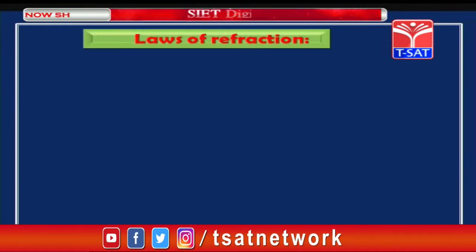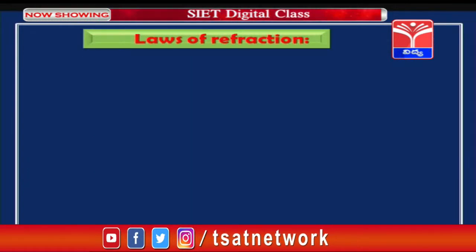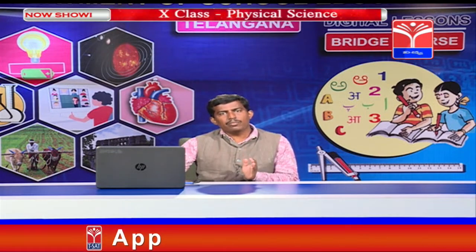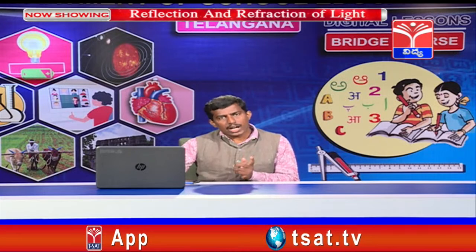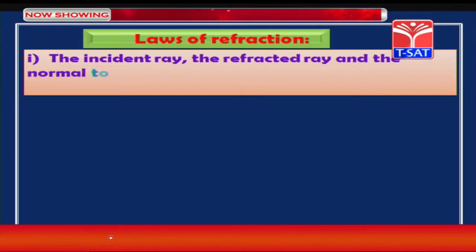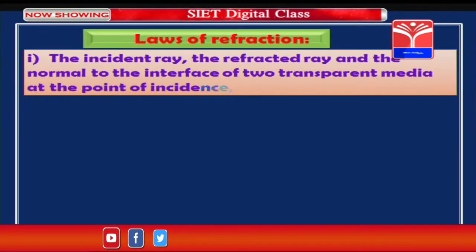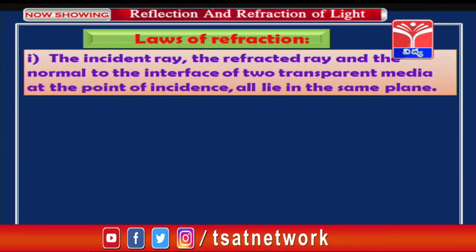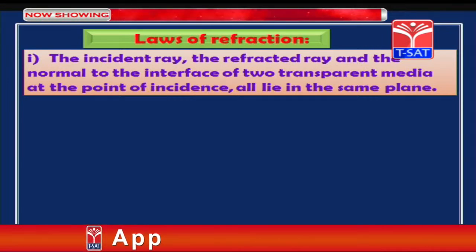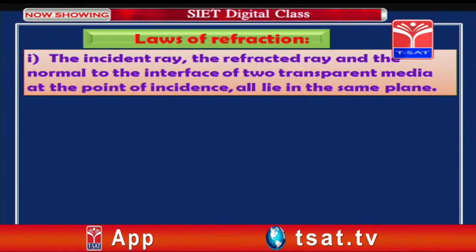Now, we will discuss laws of refraction. Similar to the laws of reflection, there are two laws of refraction. First one: the incident ray, the refracted ray, and the normal to the interface of two transparent media at the point of incidence all lie in the same plane.